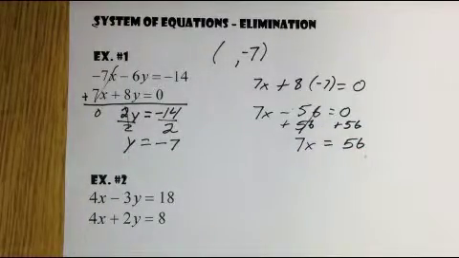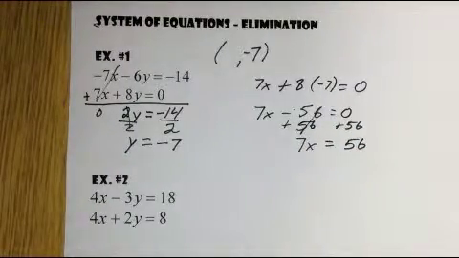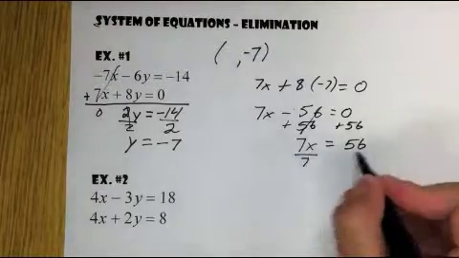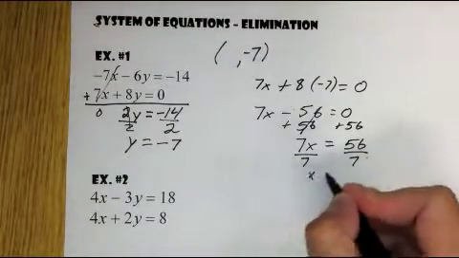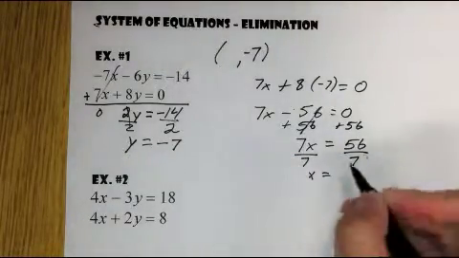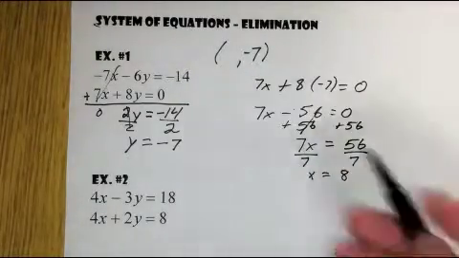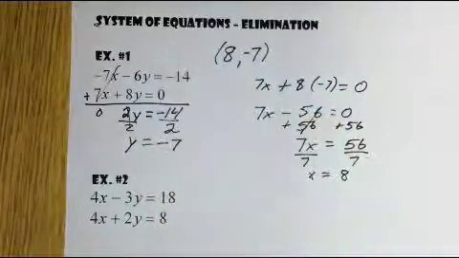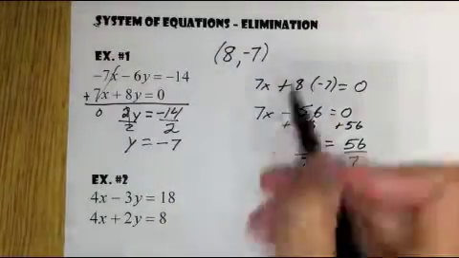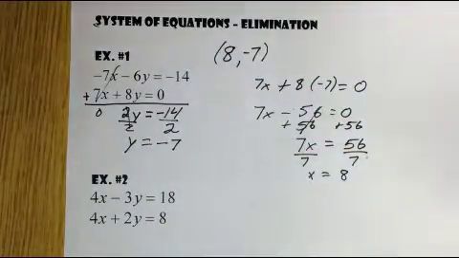You're left with 7x equals 56. Divide by 7, and we get x to equal, what do you know? 8. Okay, x equals 8. Put it up in your answer, you're done. You found the intersection point, you solved the system of equations. Pretty easy, right? Not too bad.